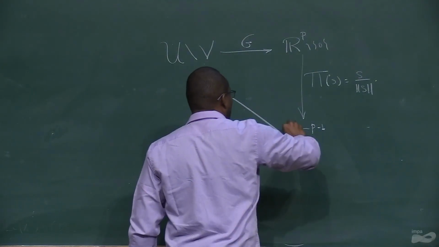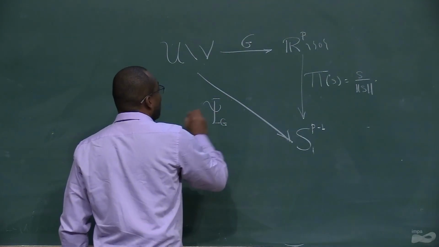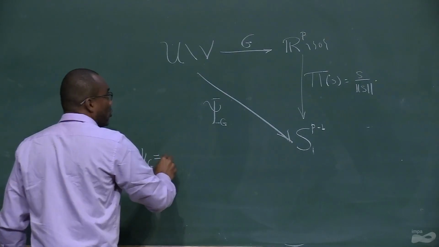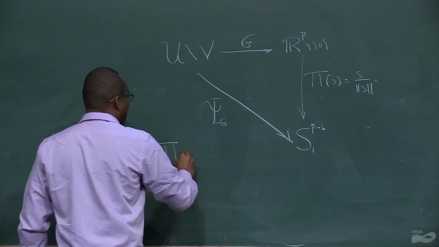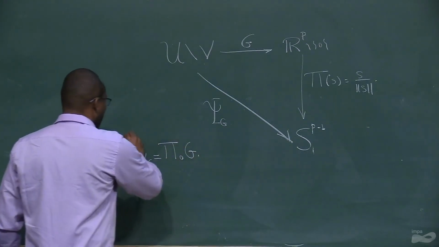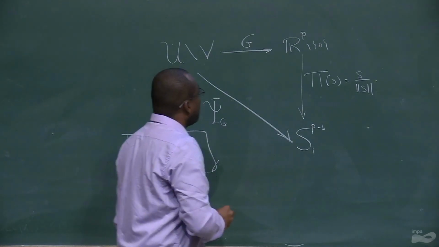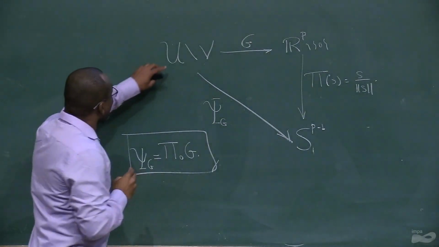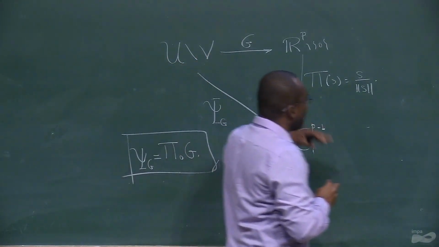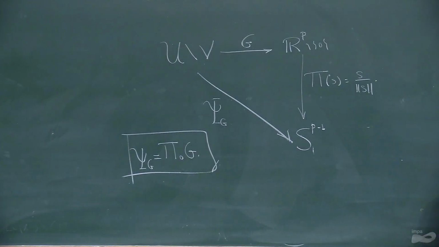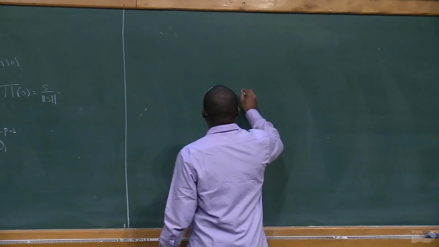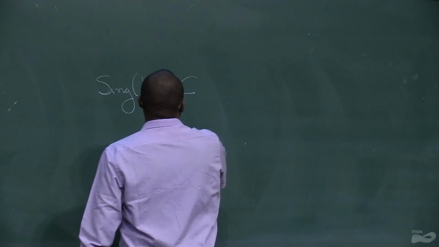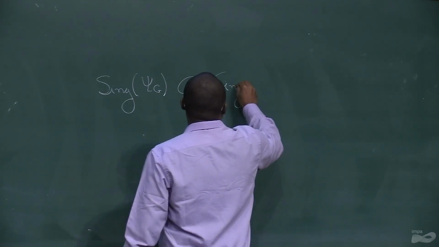And here is your psi G, and we are looking at psi G as the composition of pi with G. So we already have that the singular locus of psi G is included in the singular locus of G.